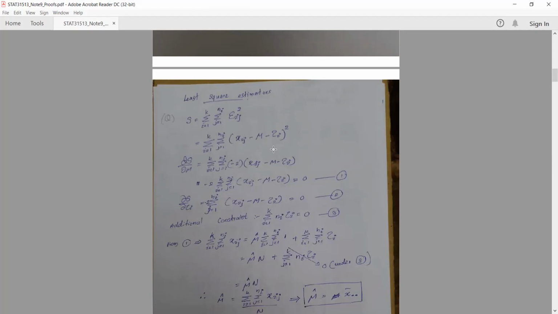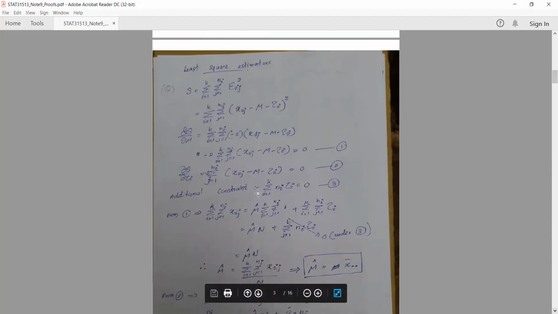If we partially differentiate by tau i, again we see 2 times xij minus mu minus tau i. Looking at the coefficient of tau i, again you have minus 1, so you multiply by minus.